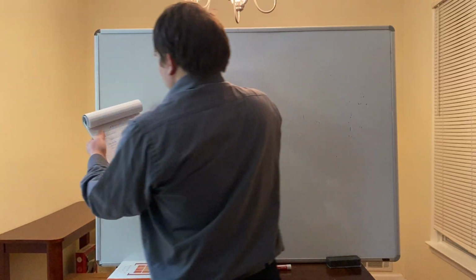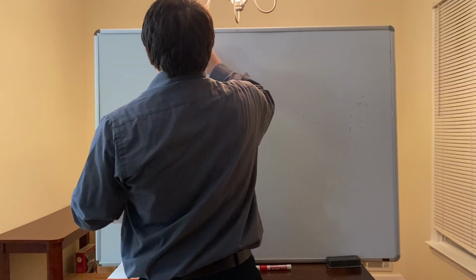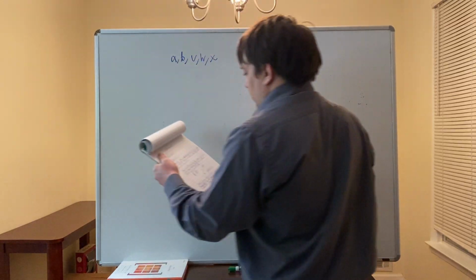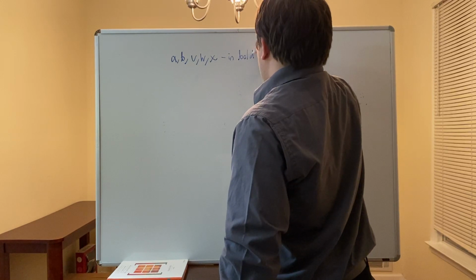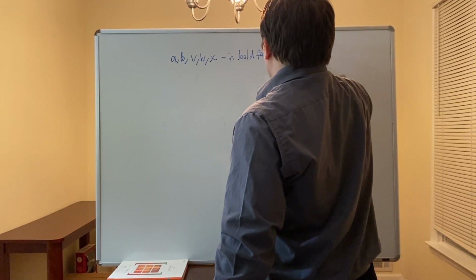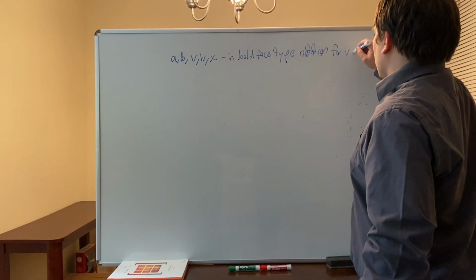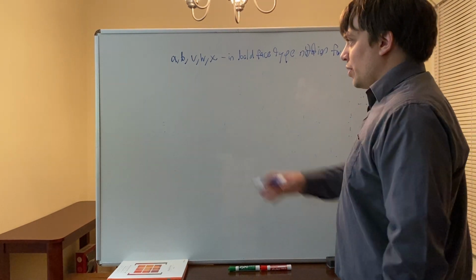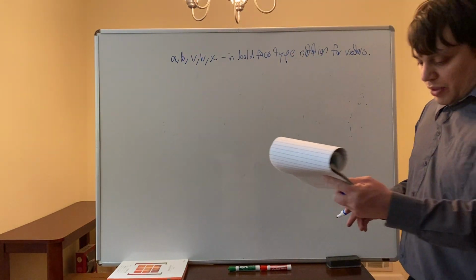So we denote vectors in boldface type. If we have a, b, v, w, x in boldface type, that is the notation for vectors. These are the common letters used for vectors: a, b, v, w, and x. In boldface, that's how you would represent a vector.